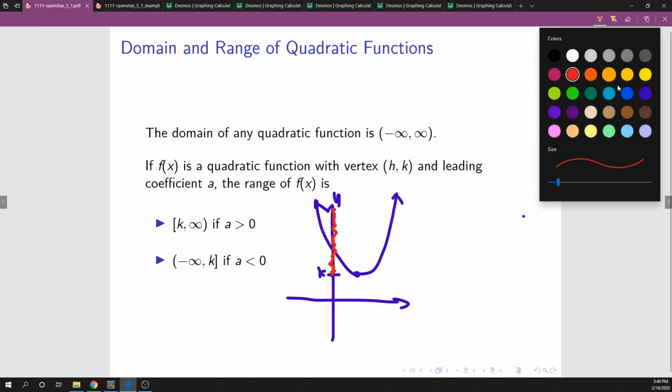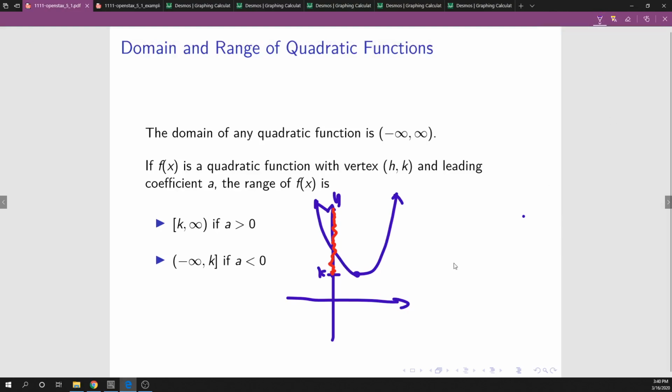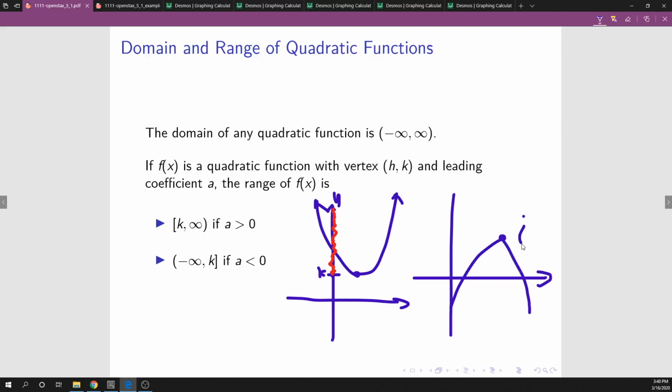On the other hand, if the graph opens down, like so, and the vertex is again (h, k), then if we went straight over to the y-axis, that's where k would be on the y-axis.